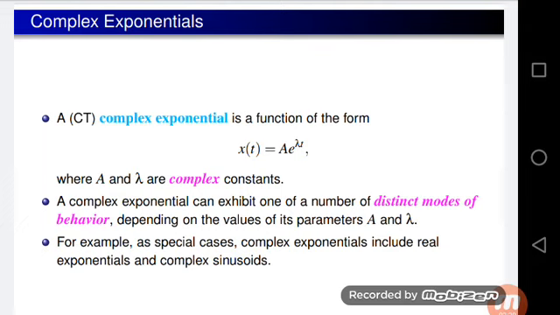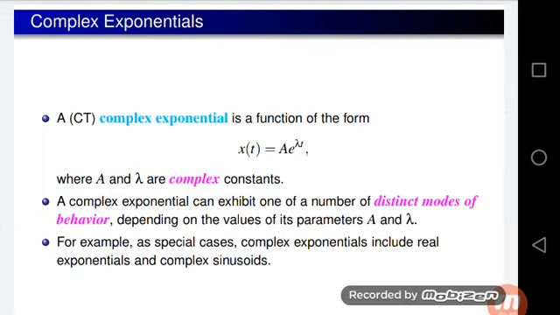A complex exponential can exhibit one of a number of distinct modes of behavior.